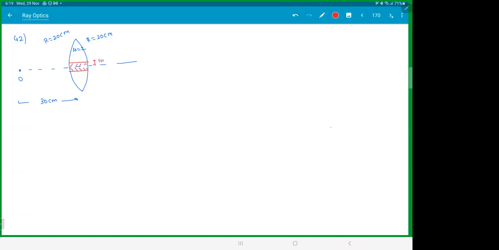So they removed 1 centimeter above the principal axis and 1 centimeter below the principal axis, and then these two parts are joined. Object is still on the same line. Everything else is same. So a thickness of 2 centimeters is removed from the middle as shown. So you removed 1 centimeter above the principal axis, 1 centimeter below the principal axis, and you join them.